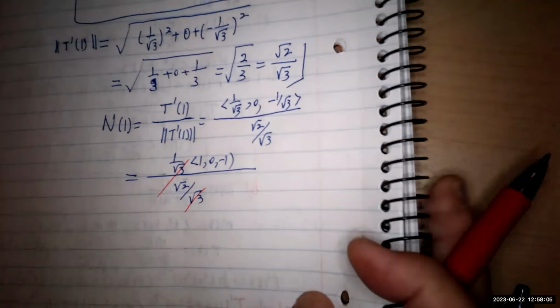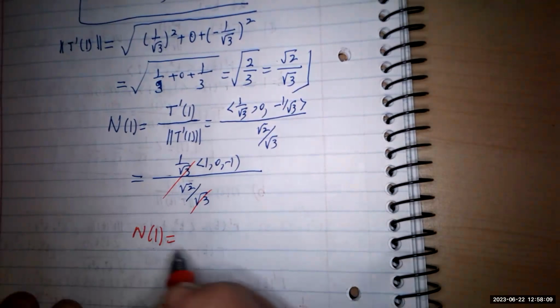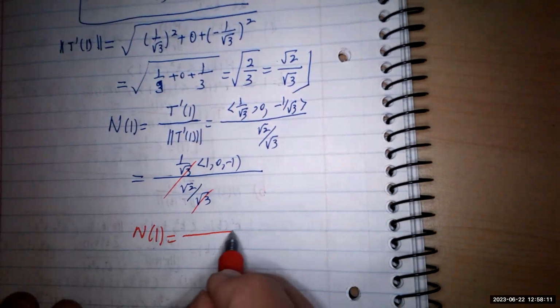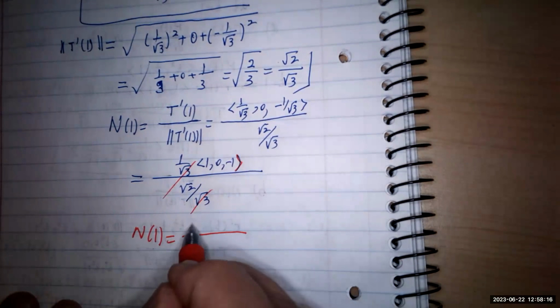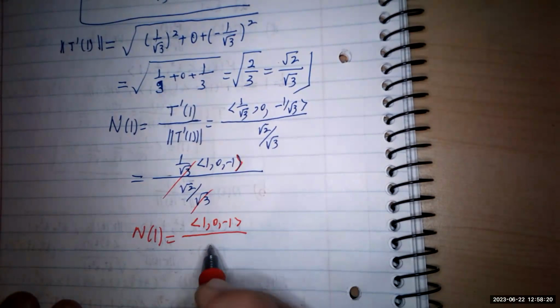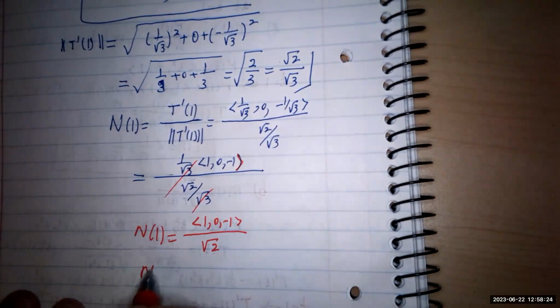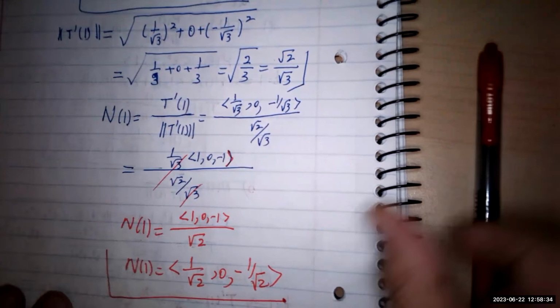Okay. So the final answer, the normal vector: on the top, we get the vector 1, 0, negative 1. And on the bottom, we get the radical 2. So the normal vector is 1 over radical 2, 0, and negative 1 over radical 2. That gives you the normal vector.